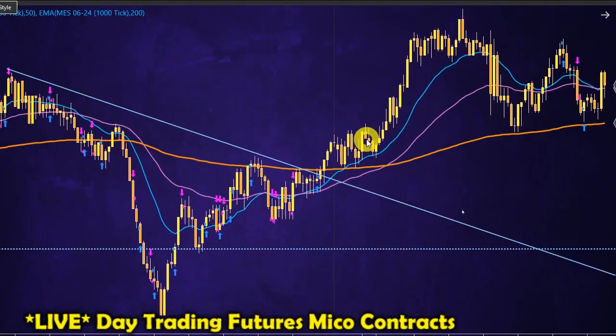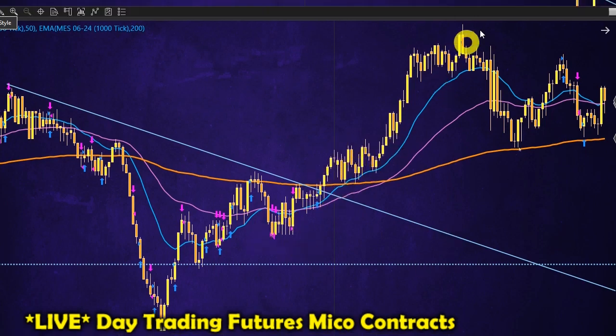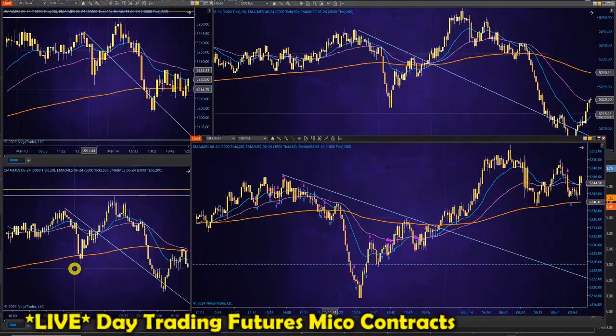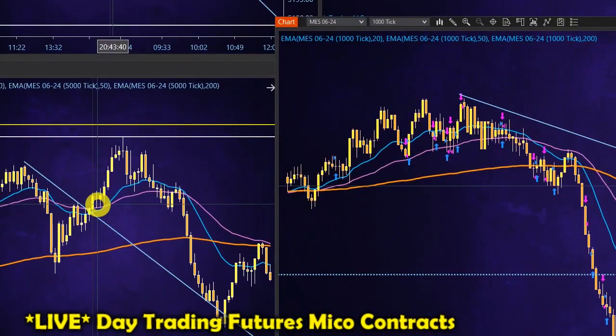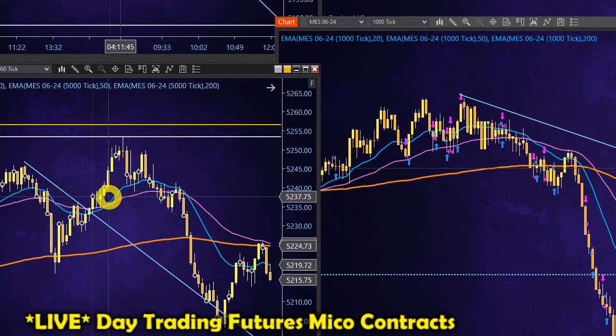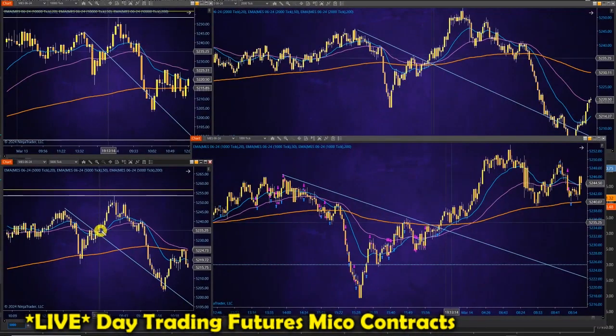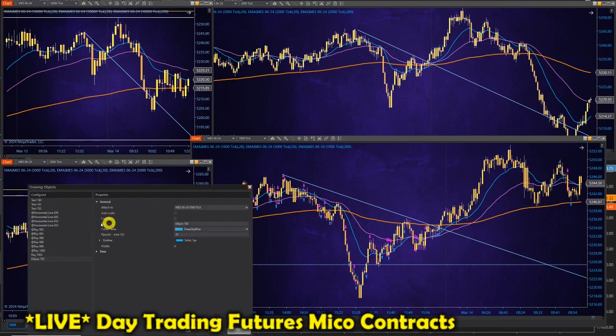When price gets back up, breaks the trend line, gets over the moving averages and consolidates, this is an area: stops down here, targets up here. Once it closes above all the moving averages and everything's agreeing, and I'm not going to kid you, it's about a 70% win rate that I've noticed.